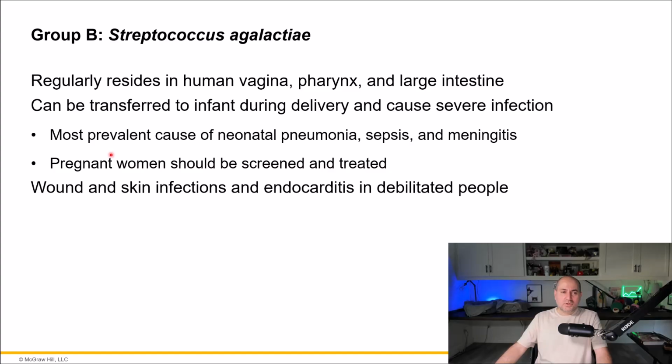In fact, it's the most prevalent cause of neonatal pneumonia, sepsis, and meningitis. So pregnant women need to be screened and treated in order to prevent this meningitis or pneumonia from spreading to the child during the birthing process.